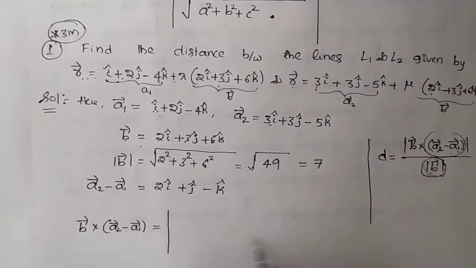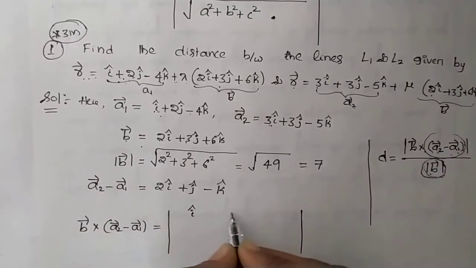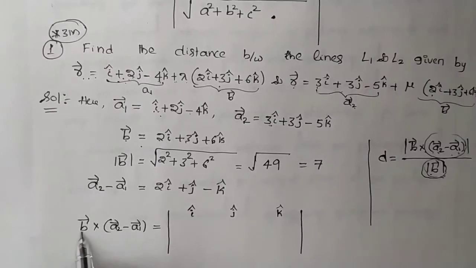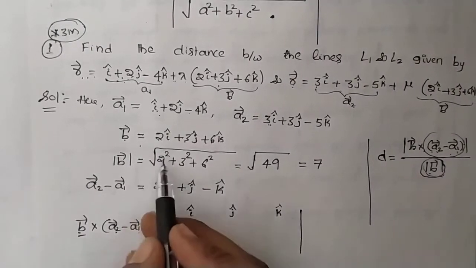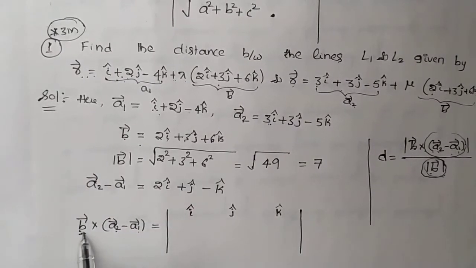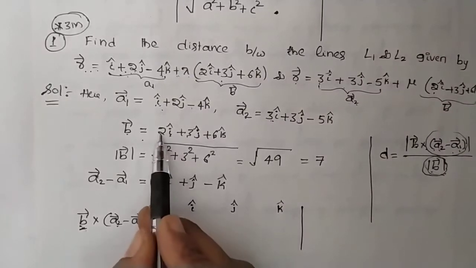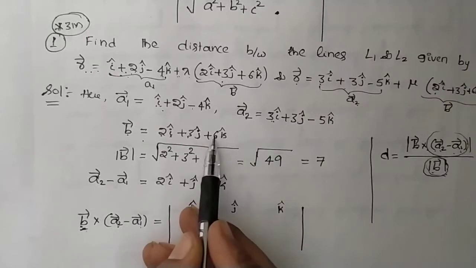It equals the determinant of i cap, j cap, k cap, then b vector, then a2 minus a1. First write down the components of b vector: i component is 2, j component is 3, k component is 6.